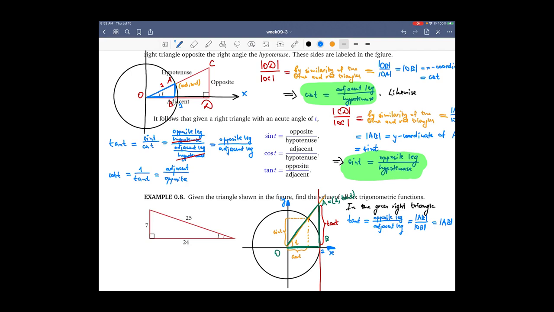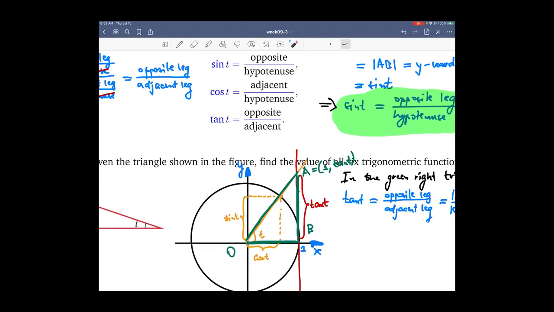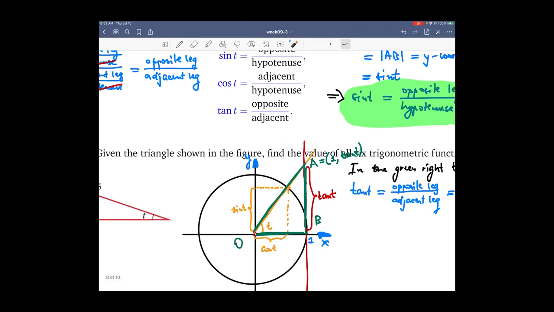And this also has a clear geometric meaning on the unit circle. I claim that the horizontal line through the point 0, 1, the line y equals 1, measures cotangents.